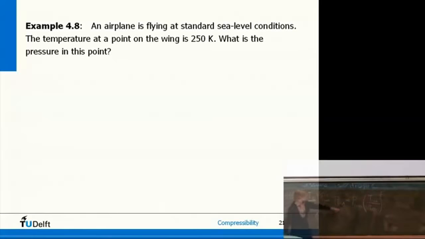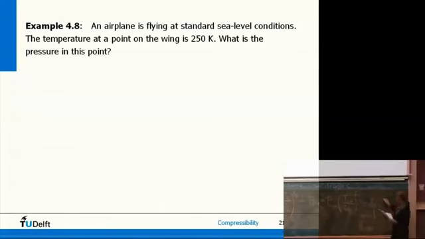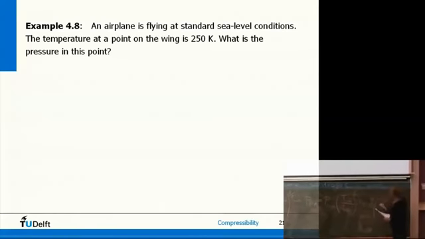What is the pressure at infinity, at free stream? 101 times 10 to the power 5. Why? Standard sea level conditions. The temperature at point A was given, 250. The temperature at free stream, 288.